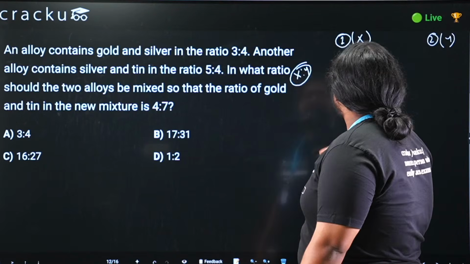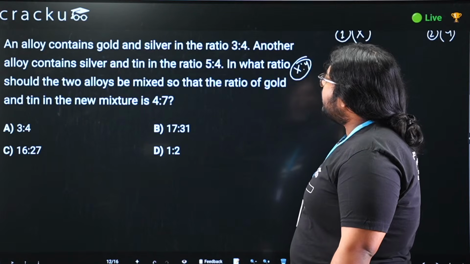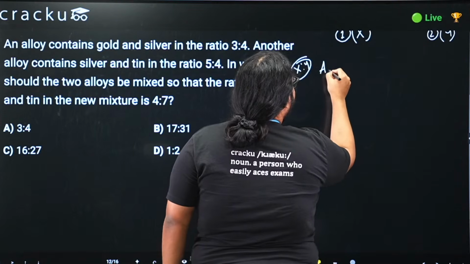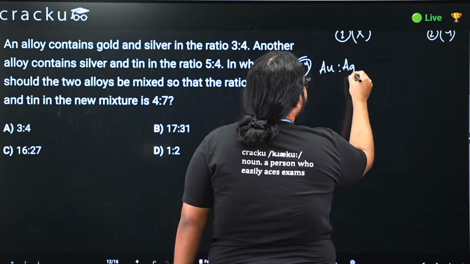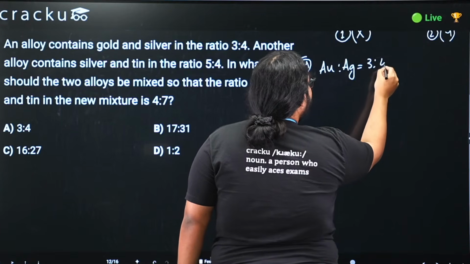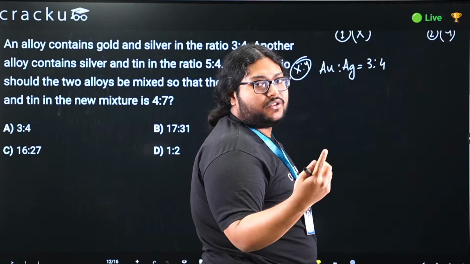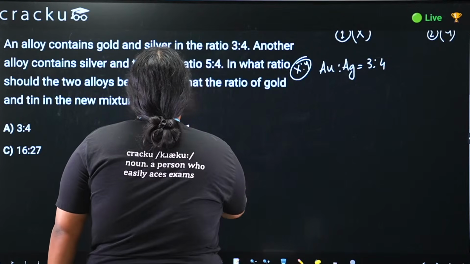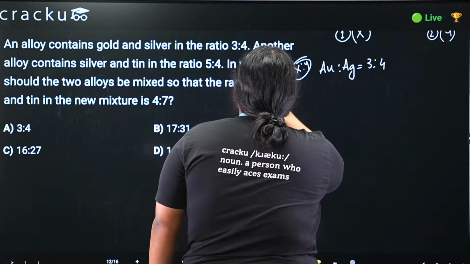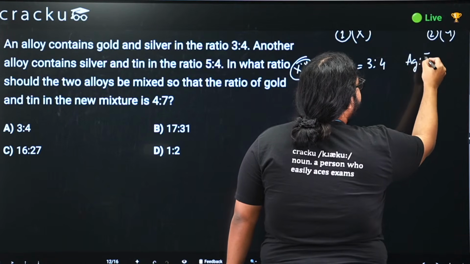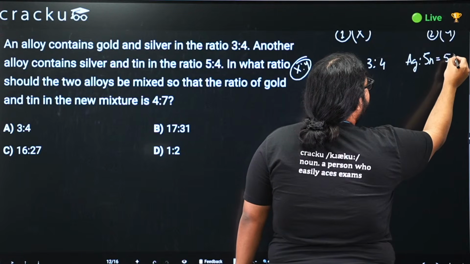So the ratio I am mixing them in is x:y, right? Alloy 1 contains gold and silver in the ratio 3:4. So gold and silver is in the ratio 3:4. I'm using the scientific notations here, guys. You can use whatever you want, G for gold, S for silver, whatever. And the other contains silver and tin in the ratio 5:4. So silver and tin is in the ratio 5:4.